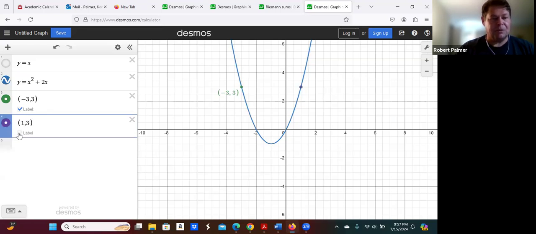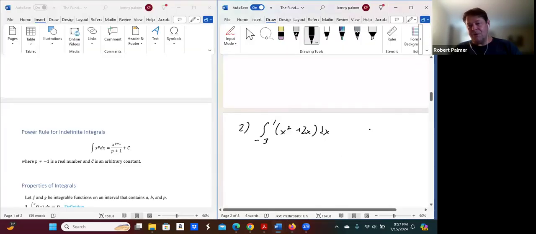Now, one thing to notice here is that part of this area is below the axis. Remember, any area we have above the x-axis is considered positive, and any area we have below is considered negative. Okay, so if we graph this, a little basic graph, here is -3, 3, and here is 1, 3.